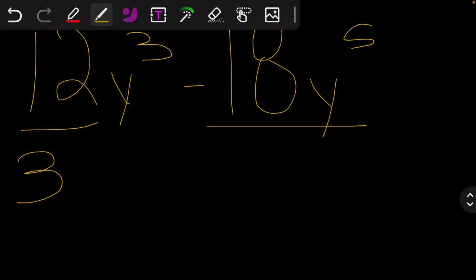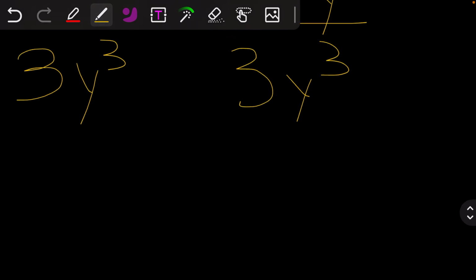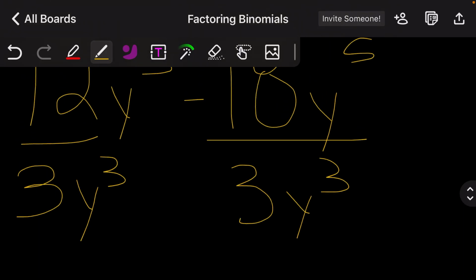What else? We can divide y cubed out of both of these as well. And so that's what we're going to do. So we'll put the 3y cubed on the outside of the parentheses right there.